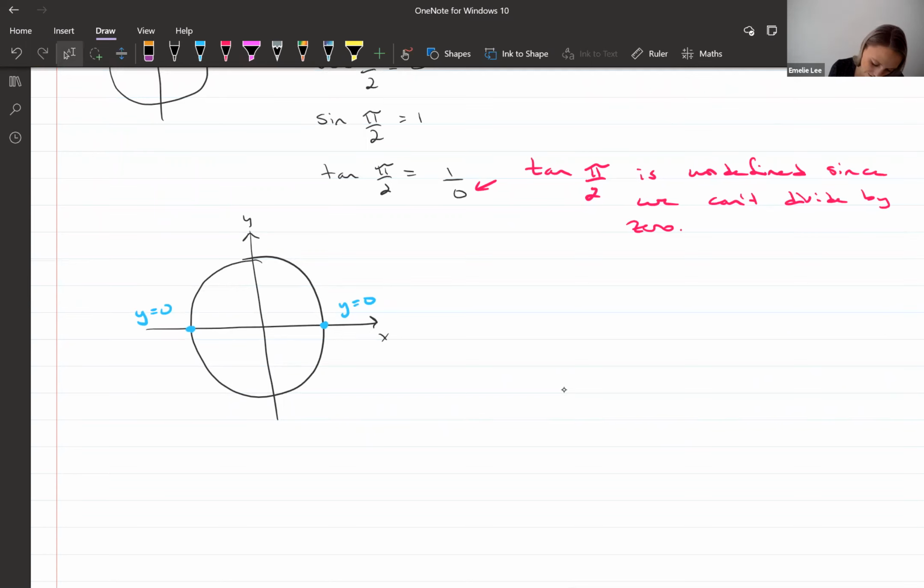So y equals 0 at n pi. And I'm going to use that notation that we reminded ourselves of what it meant, where n is in the set of integers, the Z with the fancy back.